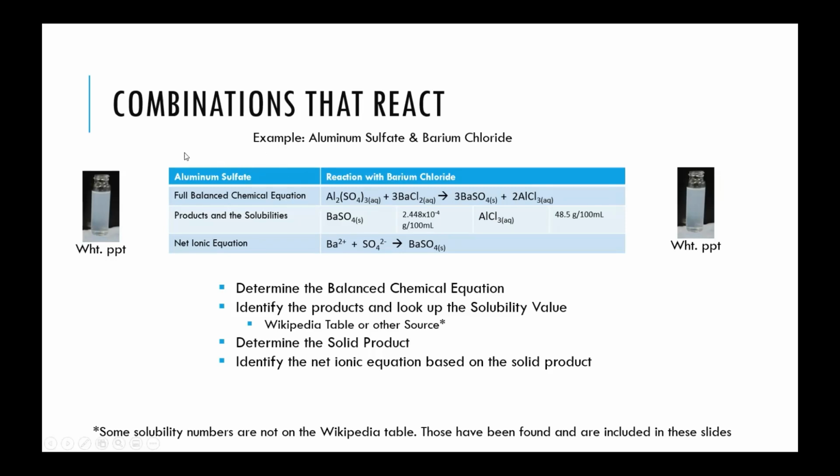For aluminum sulfate reacting with barium chloride, you have the full balanced chemical equation, including the phase of each of the compounds. You have the two different products listed: barium sulfate with its solubility and aluminum chloride with its solubility.